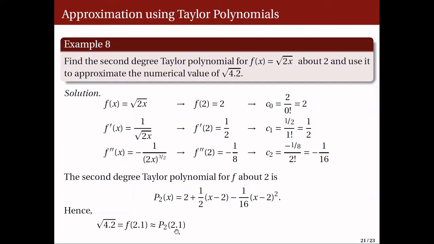We just plug in 2.1 in this polynomial. And so p sub 2 of 2.1 is equal to 2 plus 1 half times 2.1 minus 2 minus 1 over 16 times 2.1 minus 2 squared. Computing this, you will get 3279 over 1600. So this is now the approximation for the square root of 4.2 using the second degree Taylor polynomial for f about 2.